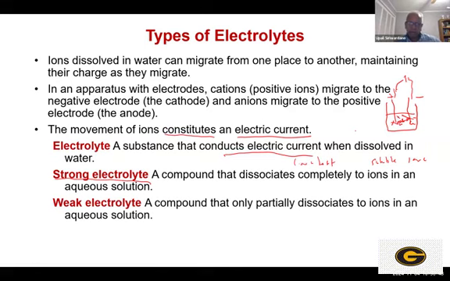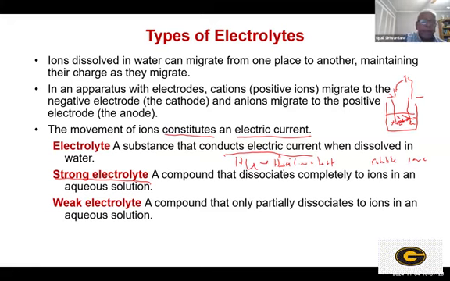When they dissolve in water, the covalent compound breaks up. For example, HCl, hydrochloric acid, in water breaks up into chloride ion and hydrogen ion. Therefore, a strong electrolyte could be soluble salts or covalent compounds that break up completely.